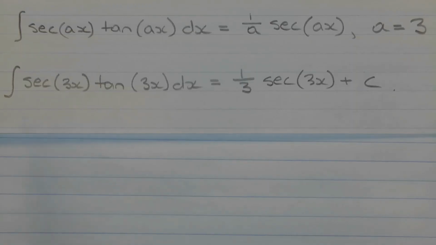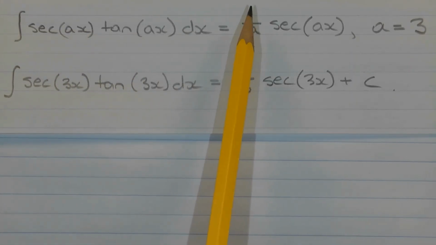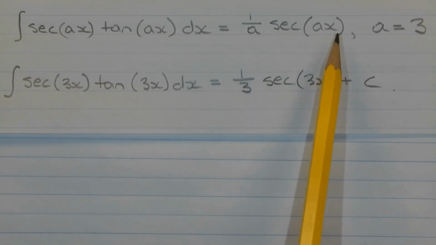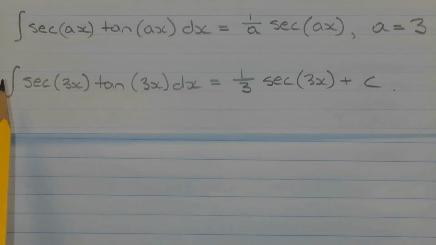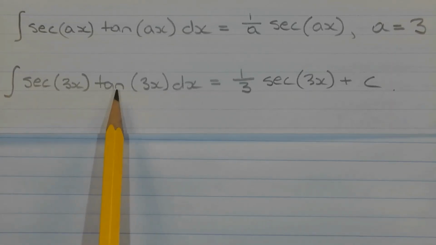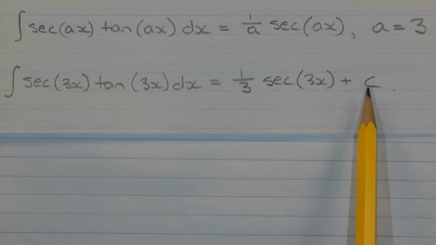In this case, a is equal to 3. So the integral of sec 3x tan 3x dx using the rule is equal to 1 over 3 times sec 3x plus the constant of integration c.